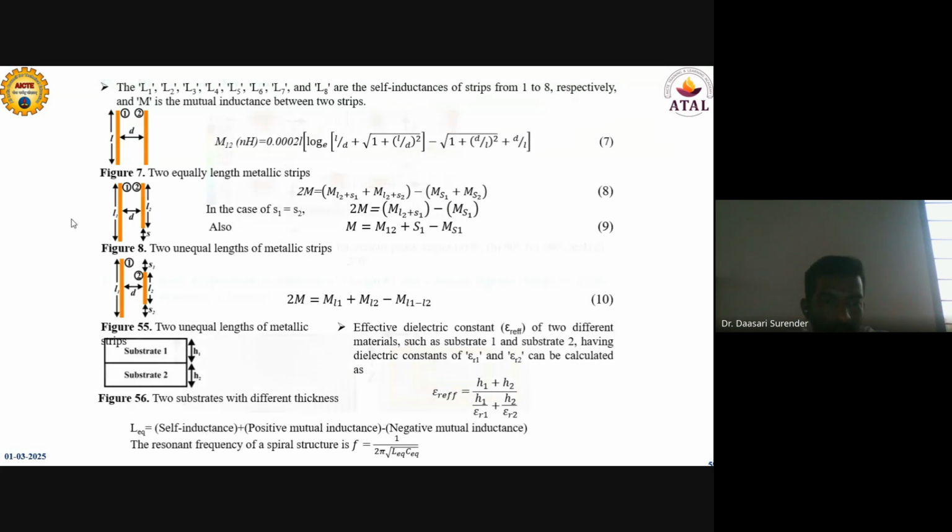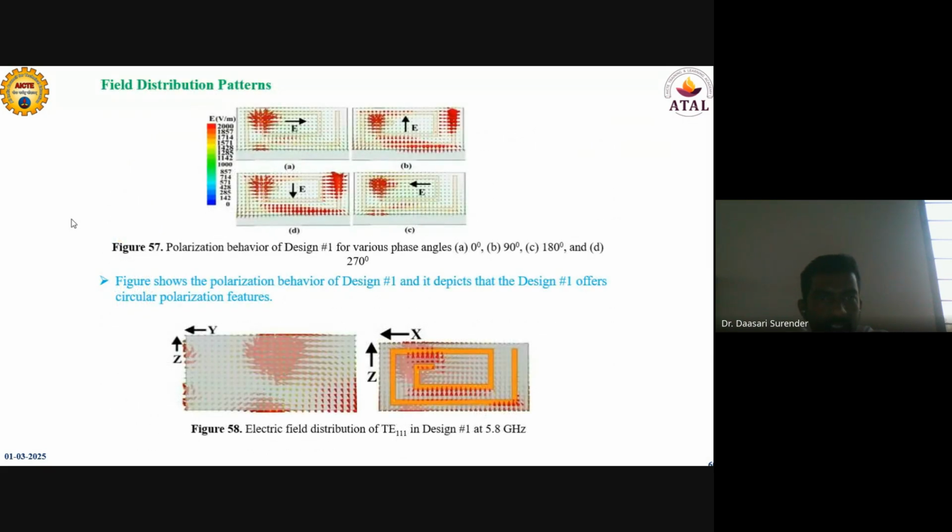These are the field distribution patterns for design 1. Here we can see the electric field pattern at different phase angles. At 0 degrees we can observe the difference in electric field orientations.